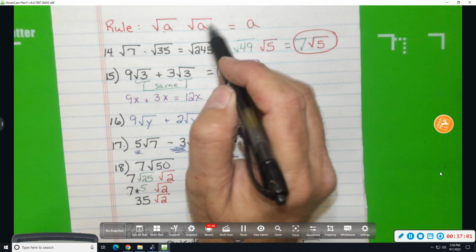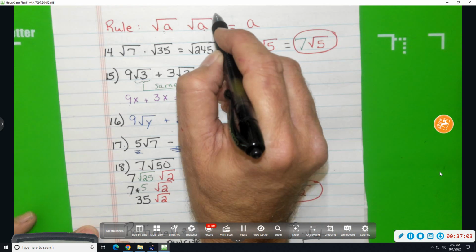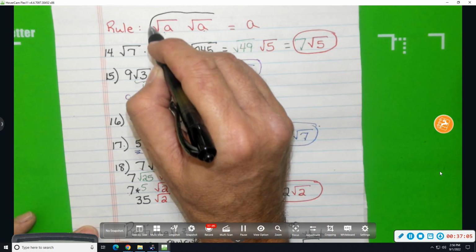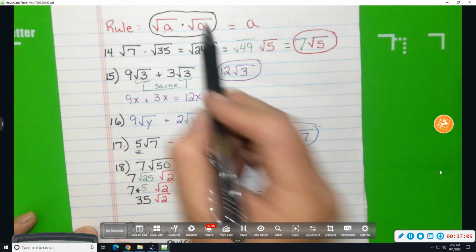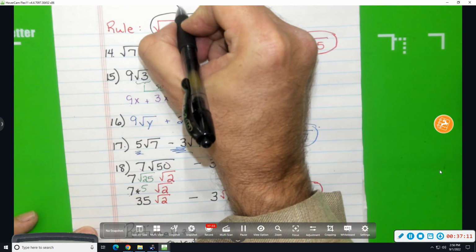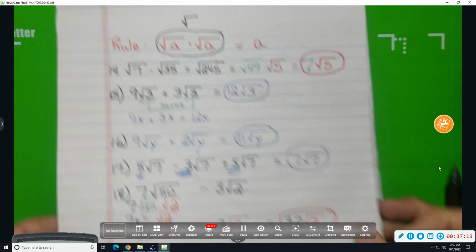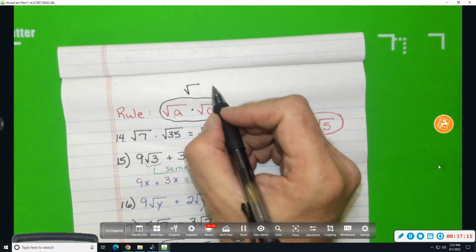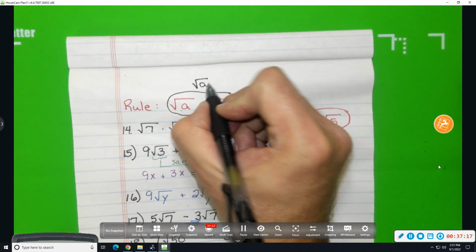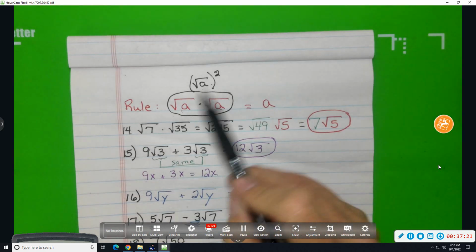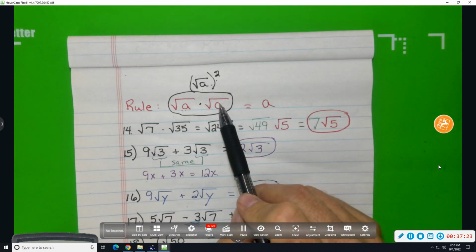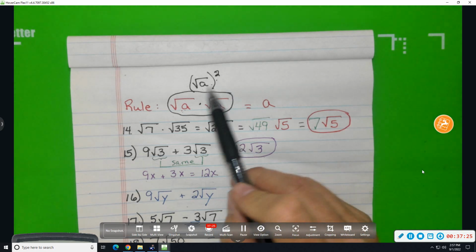Now, isn't it true that something times itself, instead of writing it like this, I could have written it like this: the square root of a, squared. Doesn't that mean the same thing as the square root of a times itself? Yes. Something squared.